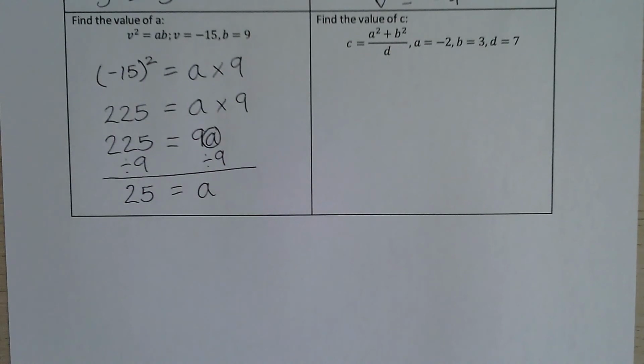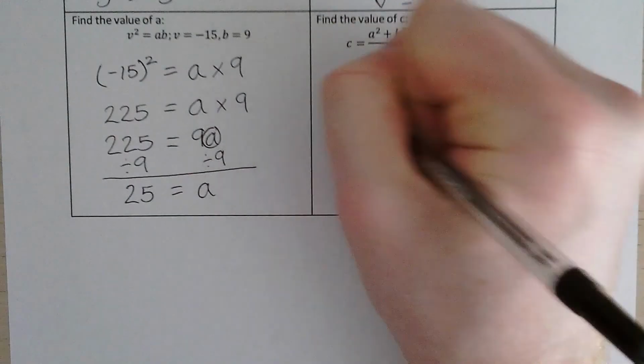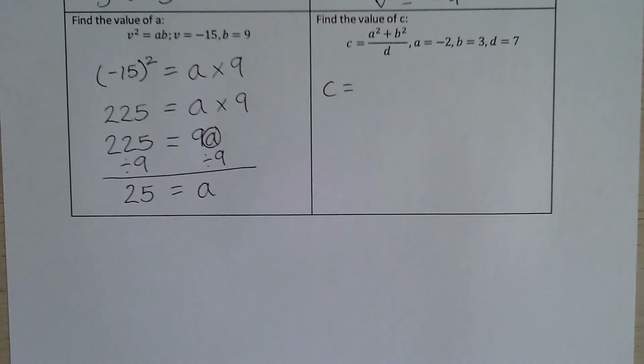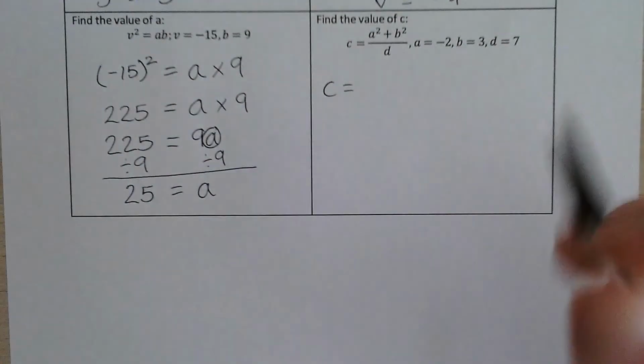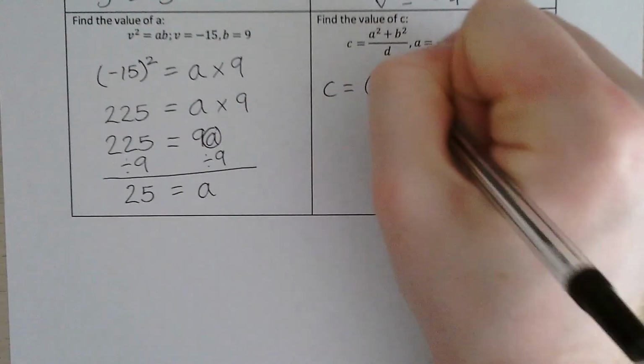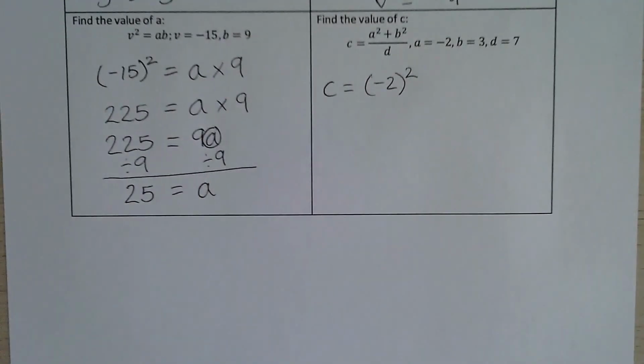On to today's final question. We have c equals a squared plus b squared all over d, where a is minus 2, b is 3, and d is 7. Again, we start off by simply replacing the variables with their values. Because a is negative and we're squaring it, again, we must write that in a bracket.